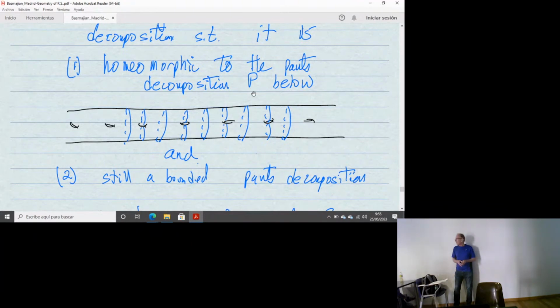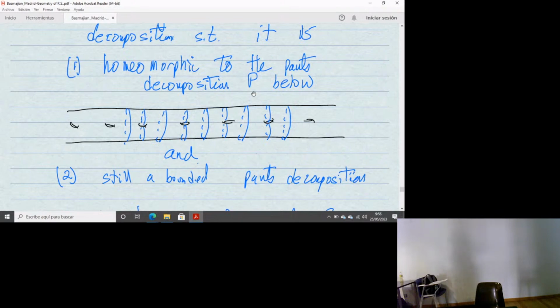There's a number of things that arise along the way here. One of which is, you might think that if the surface is QCH, then it has to have a bounded Pants decomposition. And as it turns out, that's not true. So there's a paper that Hugo, myself, and Nick wrote, which is that for any infinite topological type, there's a hyperbolic structure in which the injectivity radius is bounded from above and below, but there is no bounded Pants decomposition.